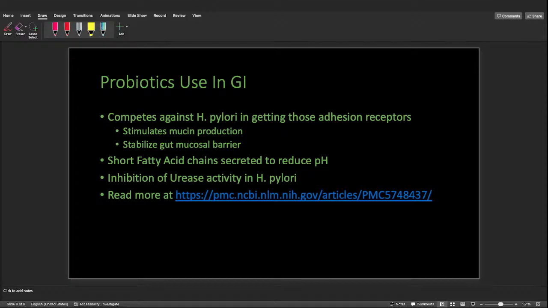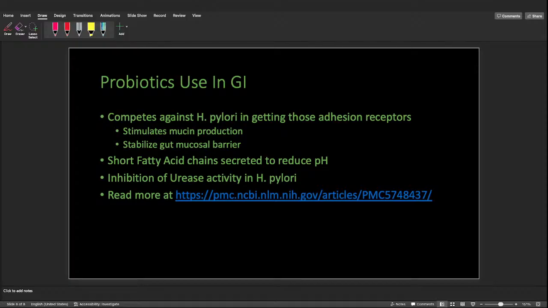Basically the short chain fatty acids are going to reduce that pH or make it more acidic, so it can prevent that H. pylori from getting inside the stomach area and causing all sorts of problems there.